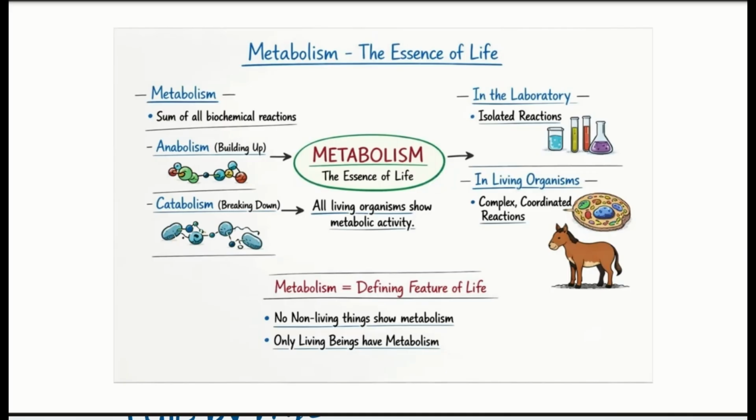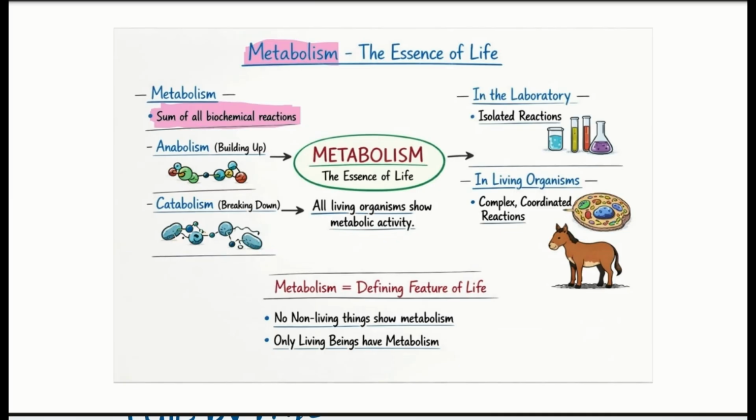Now, we are going to study the most important characteristic of living organisms, metabolism. So, what is metabolism? Very simple. It is the sum of all biochemical reactions happening inside a living organism. All the reactions going on in the body together, that is metabolism.